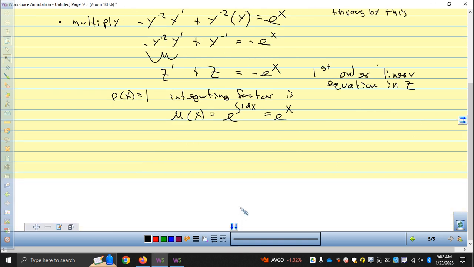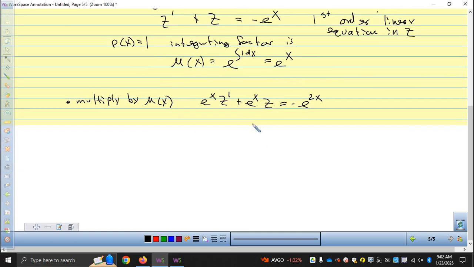So now we multiply through our new equation by the integrating factor. So I get e to the x z prime plus e to the x z equals minus e to the 2x. Well, now the left-hand side is a derivative of a product. That's the purpose of the integrating factor.